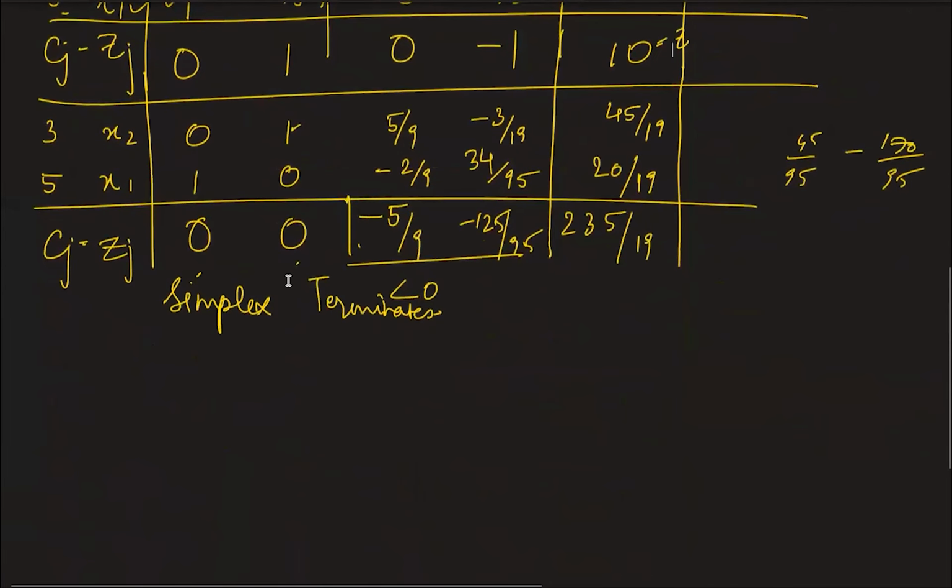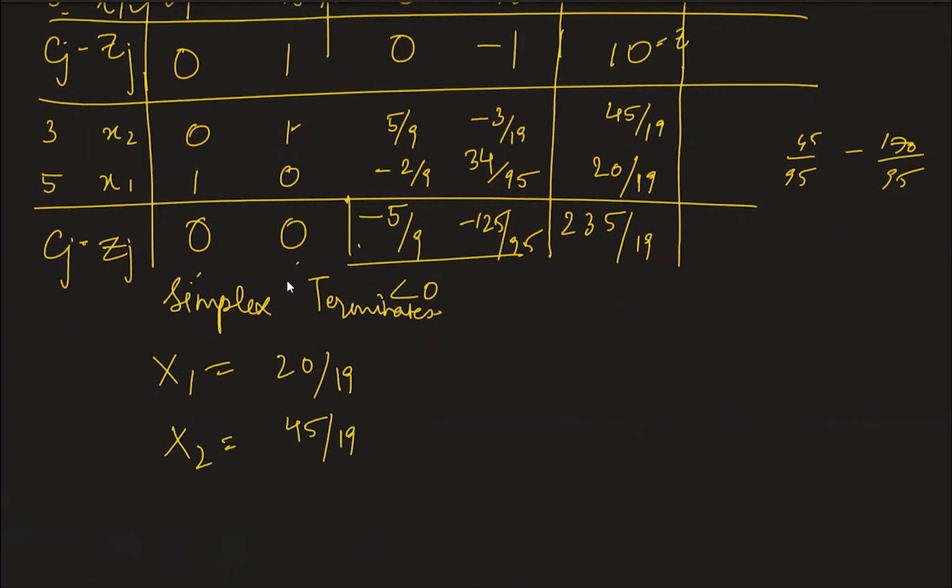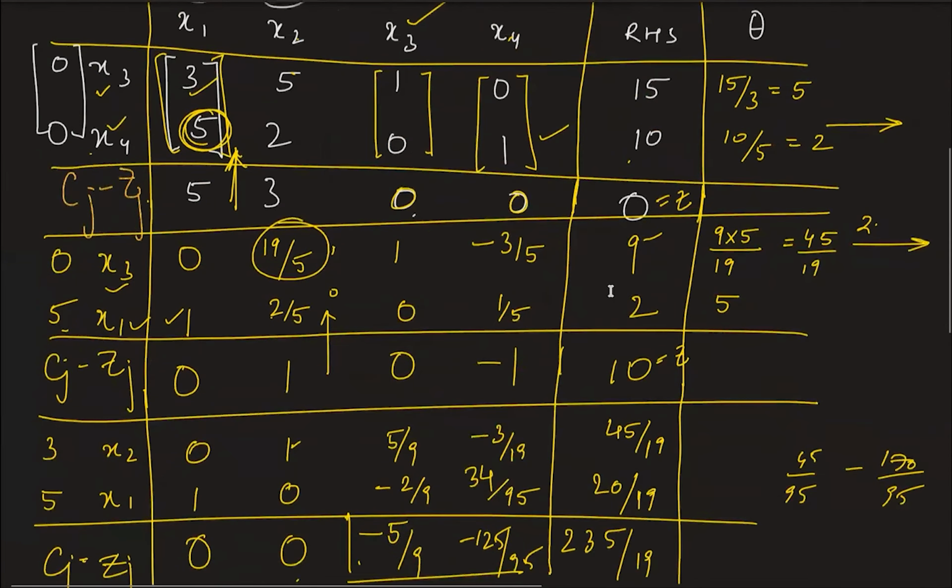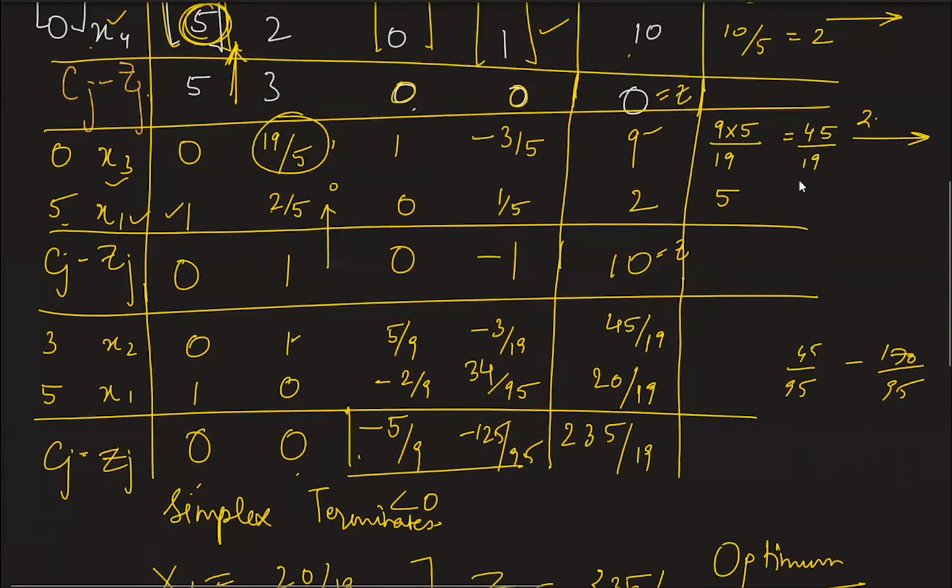And we have the solution for the problem as x1 equal to 20 by 19, x2 equal to 45 by 19 with z equal to 235 by 19. So this is the optimum. Now one takeaway is in simplex algorithm, as you can see, with every iteration, you're getting higher and higher values of z. You're not getting random values. So the simplex gives you progressively better solutions.